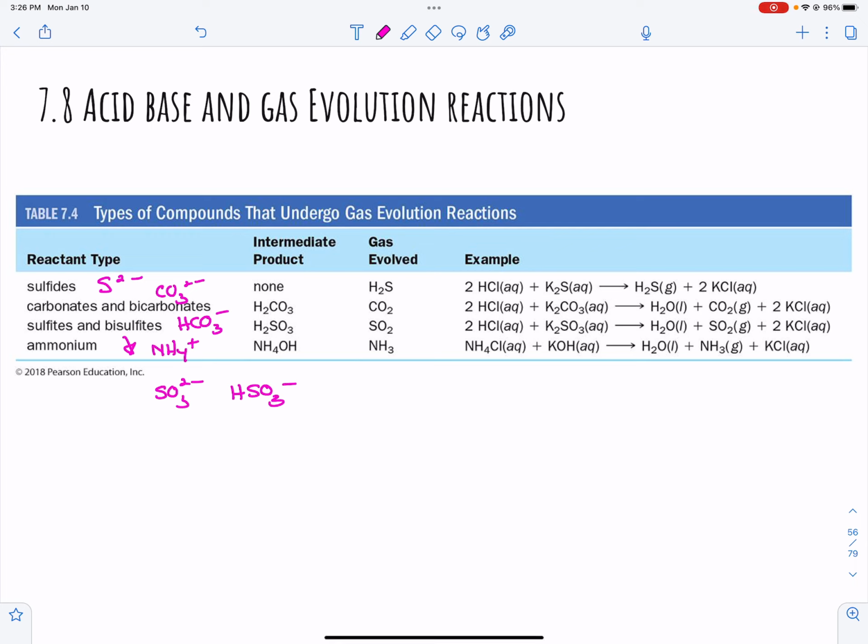When those polyatomic ions react with an acid, they will gain a hydrogen, and you can see here the gases involved. Some of them have an intermediate where they will form those compounds, and those compounds will quickly decompose.